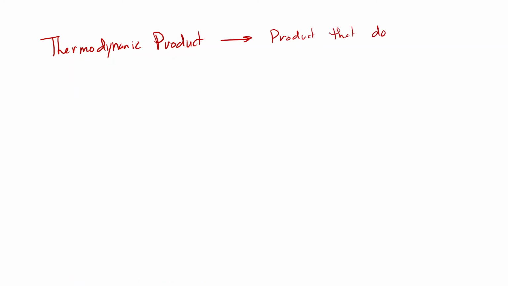So I'm going to do that. So we have the thermodynamic pathway, or the thermodynamic product of a reaction, right? The thermodynamic product of the reaction is the product that dominates when the reaction is run at high temperatures.